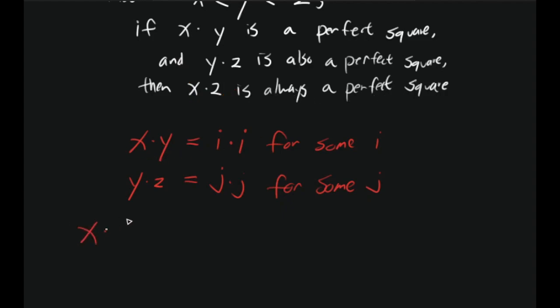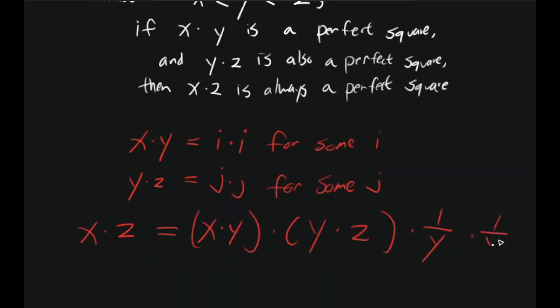So how can we show this? Basically, x times z is x times y times y times z, but if we directly plug this in, you notice y appeared twice, so we have to divide it back out.